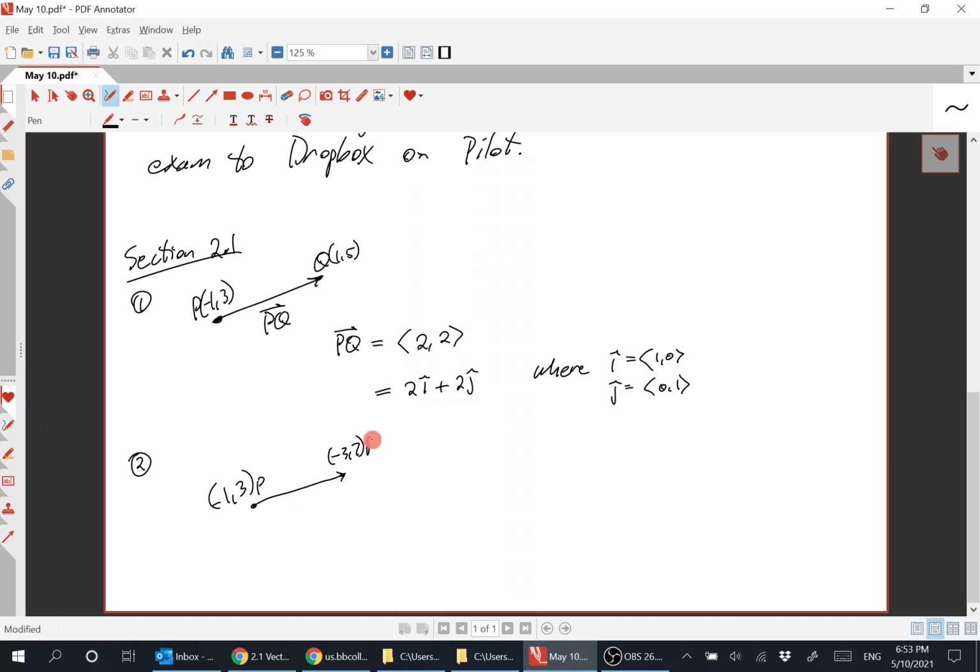The vector PR: minus 3 minus 1 is minus 2, 7 minus 3 is 4, so that's minus 2i plus 4j. Again, you can use whichever notation you like for vectors. Sometimes you use one, sometimes the other, or sometimes you may want to just stick with one. I usually stick with the component form.